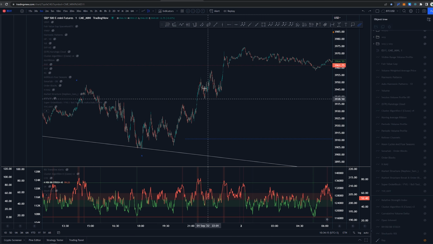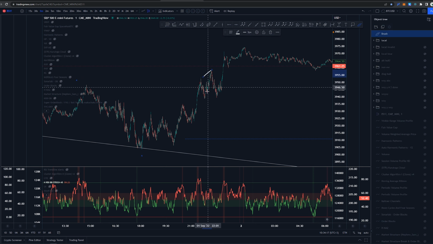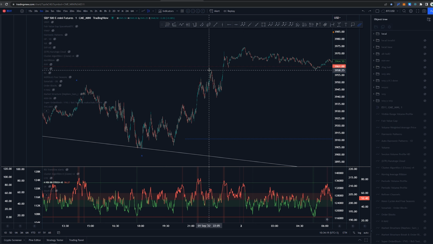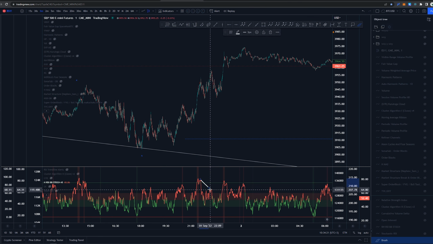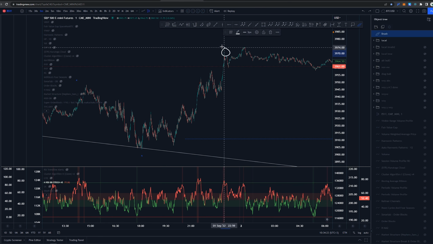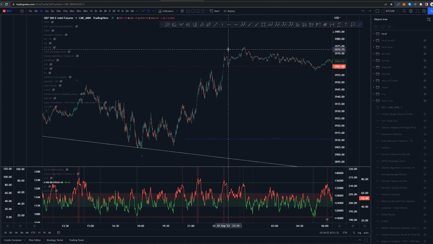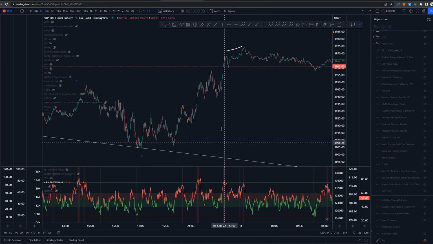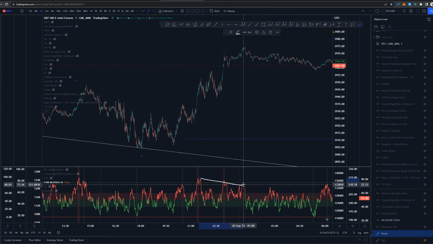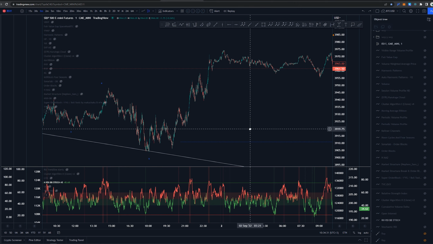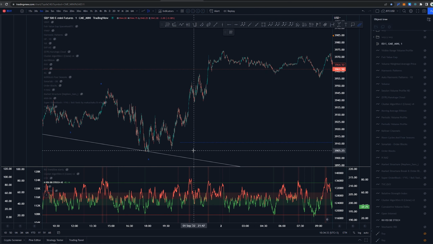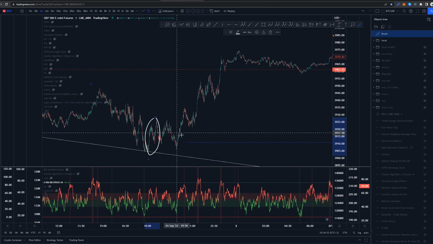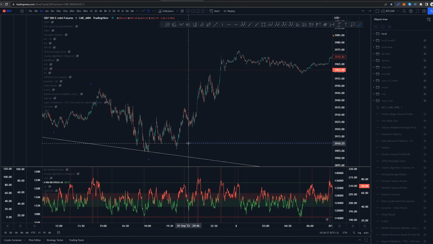Third of the third here would have divergence between the fifth of third and like so, and then we would have the third of fifth and the fifth of fifth. We have that divergence there and the divergence is here. So that would make a perfect looking impulse wave structure if we are not looking at this structure here at the very start of it. That is pretty unfortunate to me.